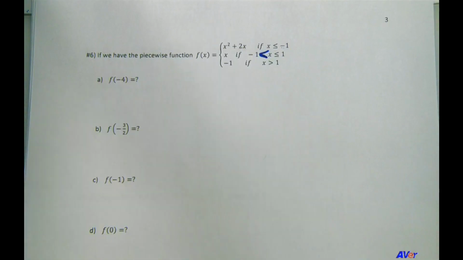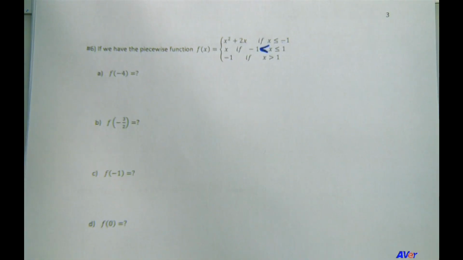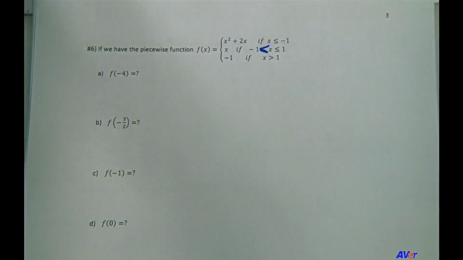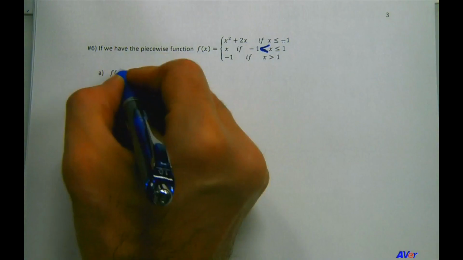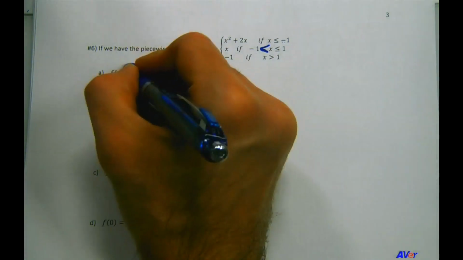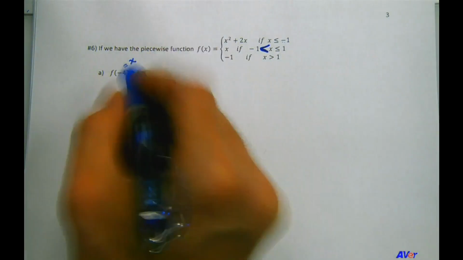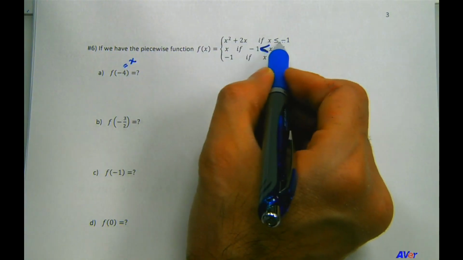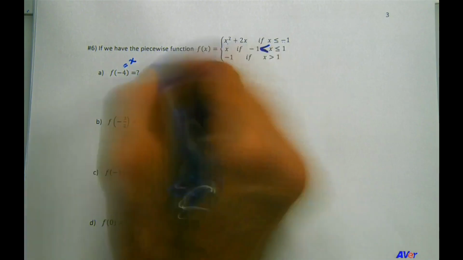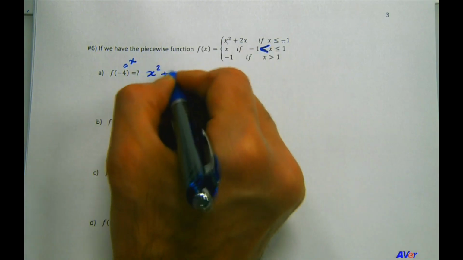Okay, so now having made that correction, let's answer these. And I hope you guys go through this with your own scratch paper, answer all of this, and then come back to the video again. Okay, so -4, these are x values, right? That's x equals -4. So x equals -4 is definitely less than -1, which means our function is this, x squared plus 2x.